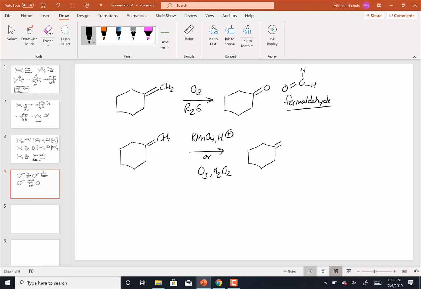I'm going to make a ketone plus now the aldehyde, but then what happens is the aldehyde in the presence of either the KMnO4 or the peroxide, now both of the sides of the carbonyl get oxidized so that I form that acid, which is H2CO3, which is carbonic acid.